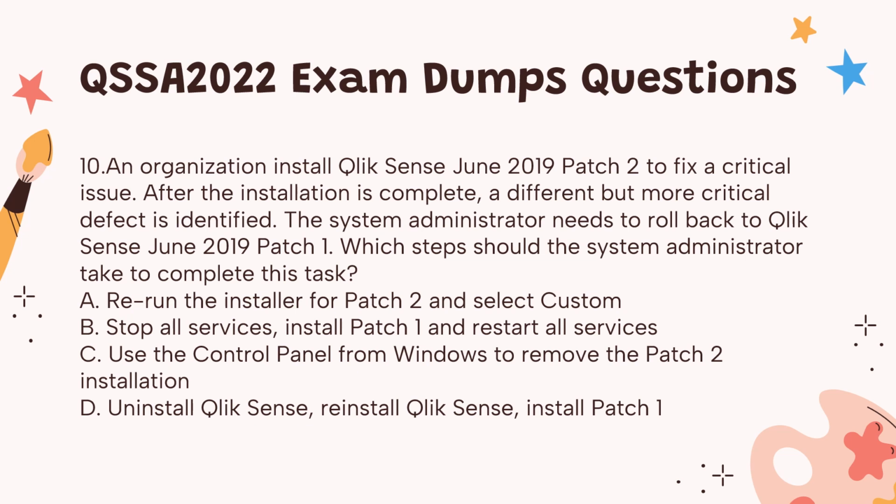A. Rerun the installer for Patch 2 and select Custom. B. Stop all services, install Patch 1 and restart all services. C. Use the control panel from Windows to remove the Patch 2 installation. D. Uninstall Qlik Sense, reinstall Qlik Sense, install Patch 1.